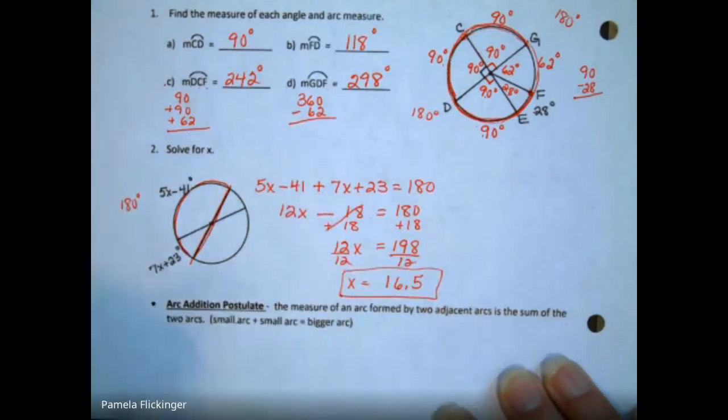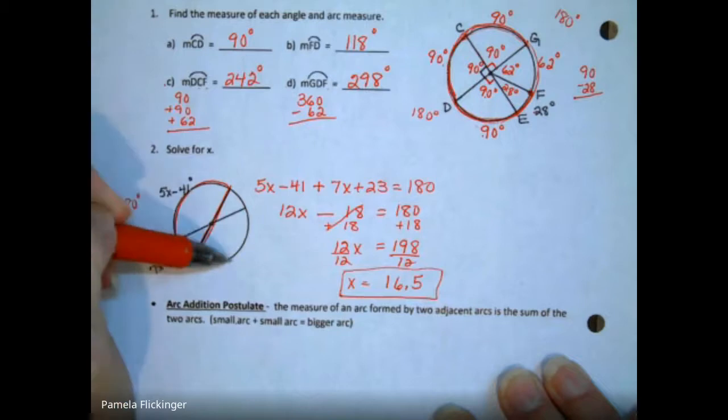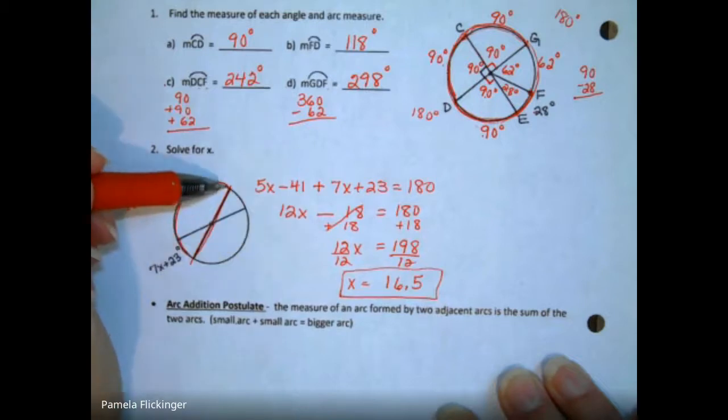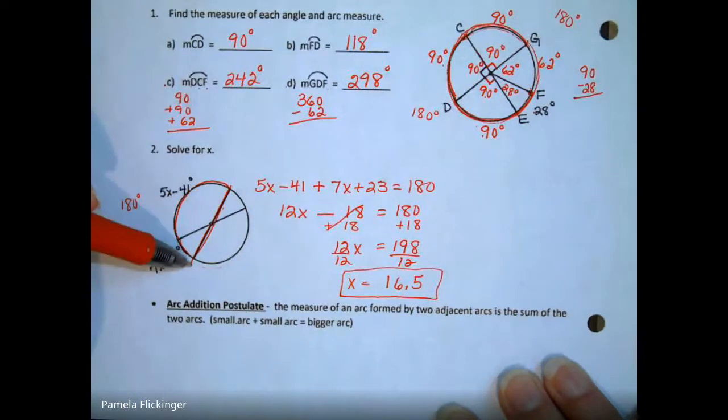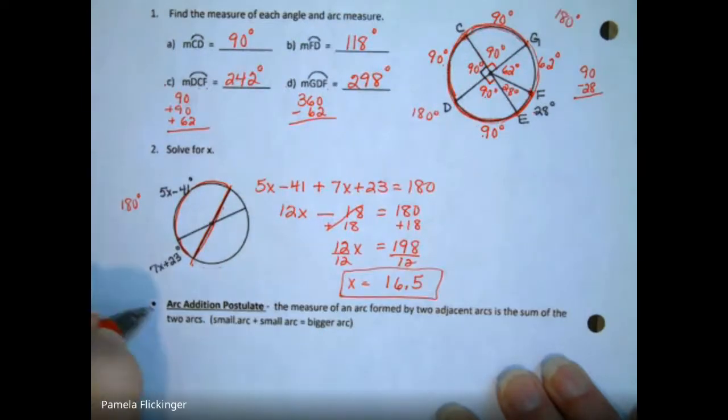All right, you'll see some problems, of course, where they give you all the different parts. Then you would add them all up to be 360, but we just had half, and we've got to pay attention to those diameters. Now, what we've been using, and we used it up here, is this arc addition postulate.